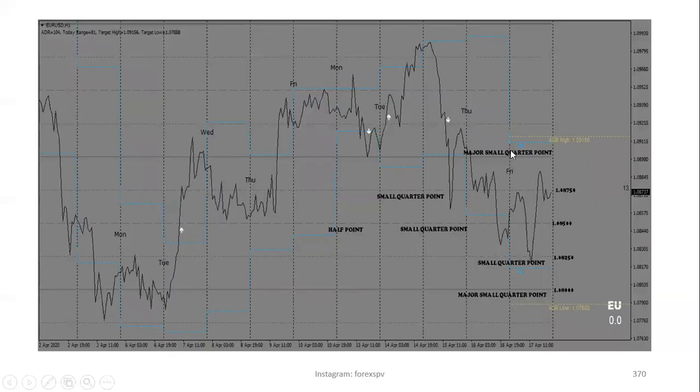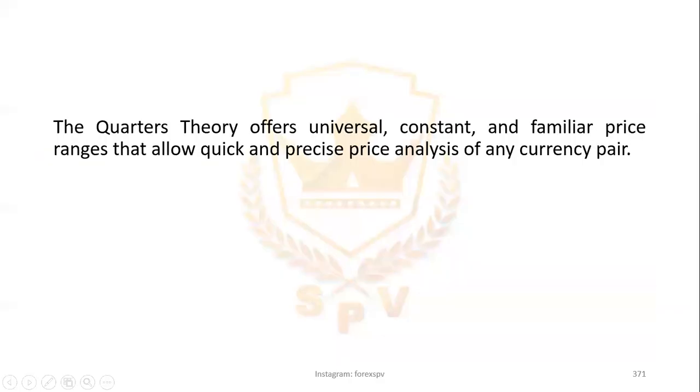So here we have an example where we have a 100 pip range. This is 1.08 to 1.09. So we have 1.0800 to 1.0825 as 25 pips, another 25 pips here, 1.0850 to 1.0875, another 25. So this will make up the 100 pip range.